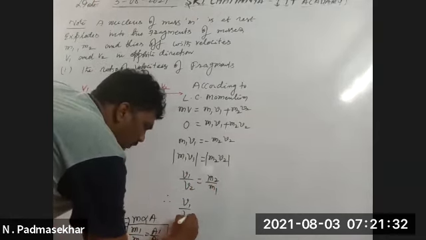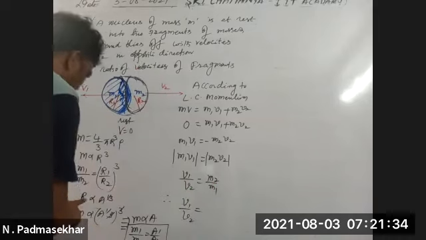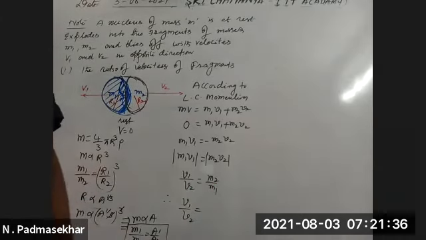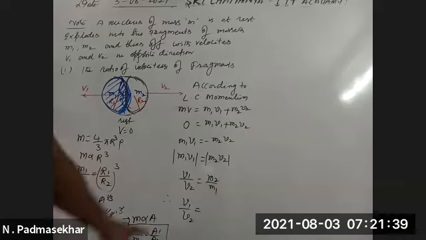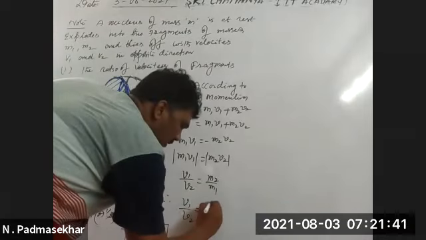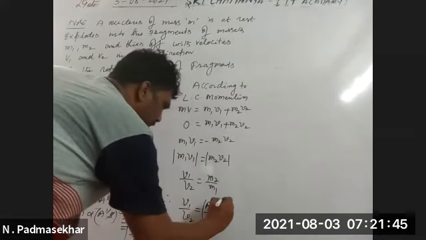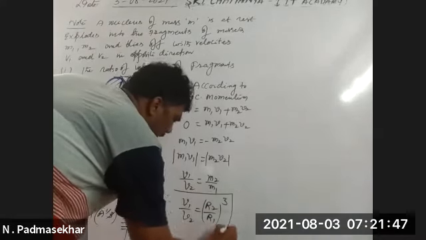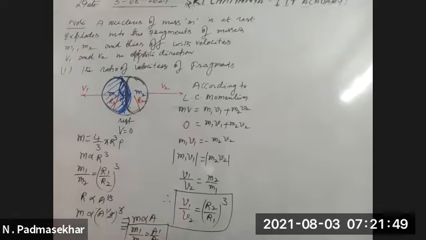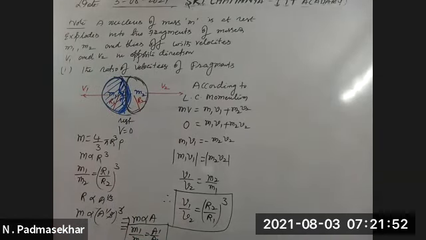Therefore, v1 by v2 is equal to m2 by m1. m1 by m2 is r1 by r2 whole cube, so m2 by m1 is r2 by r1 whole cube. This is the ratio of the velocities.